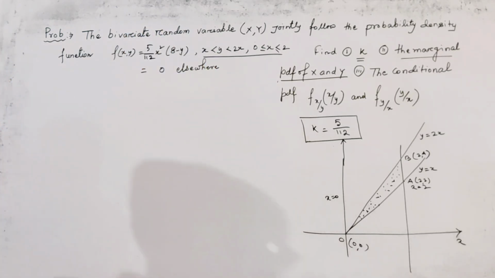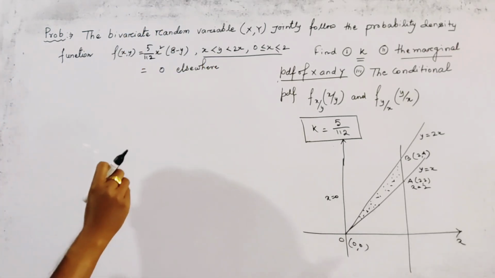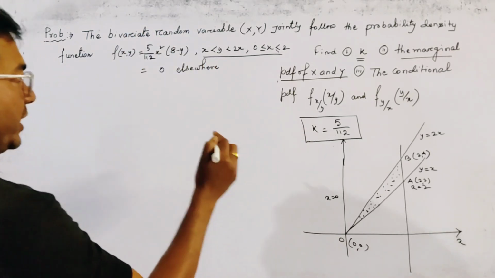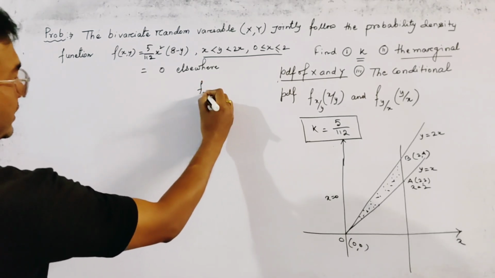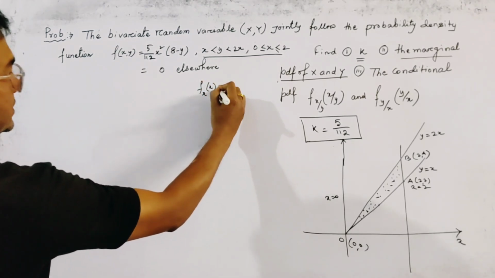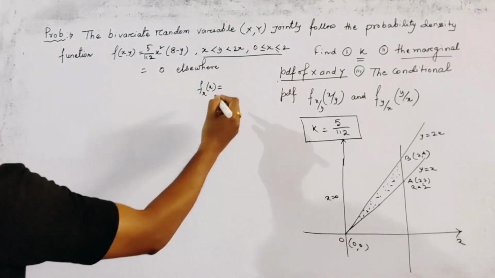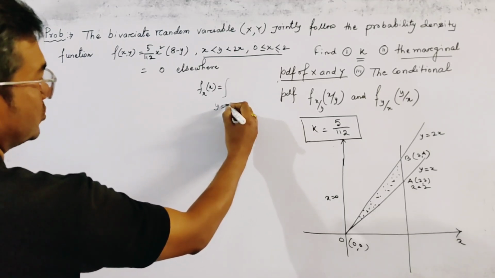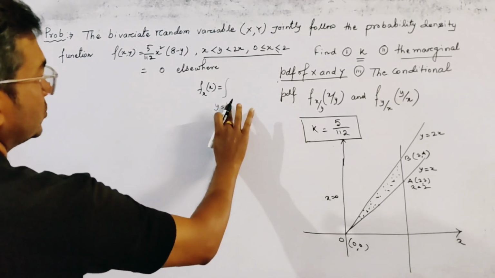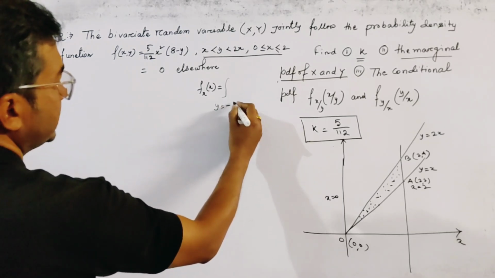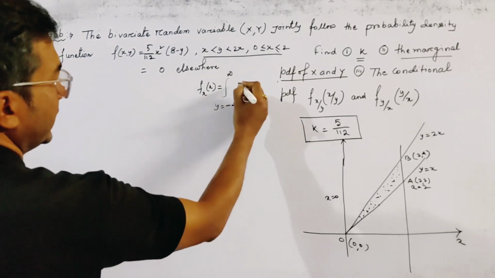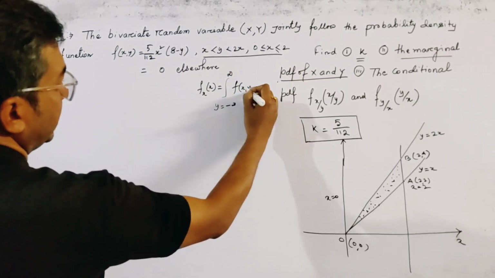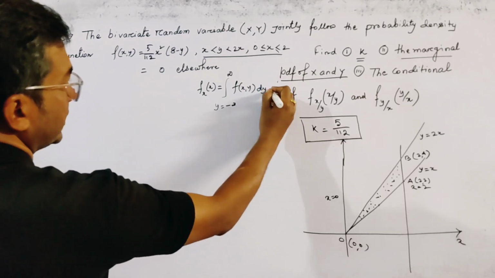of x, and when we calculate the marginal PDF of x, that is f_X(x), this is the symbol of marginal PDF, and clearly this is given by the integral over y from minus infinity to infinity of f(x,y) dy.